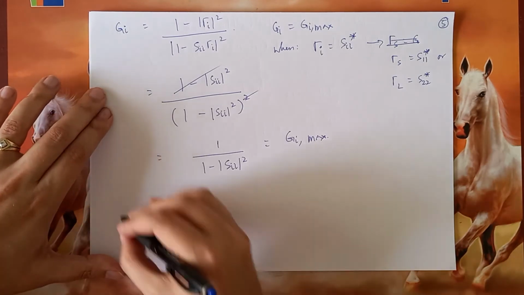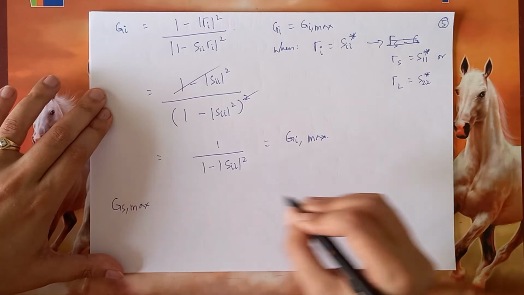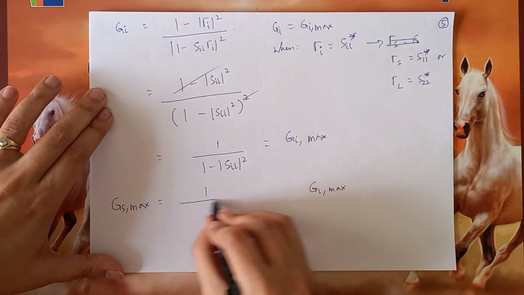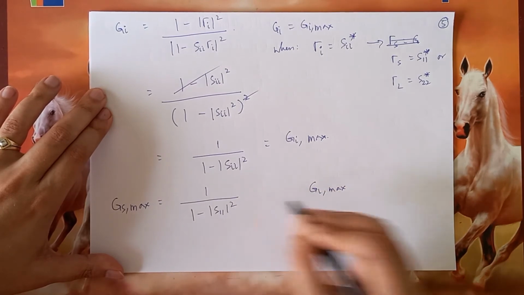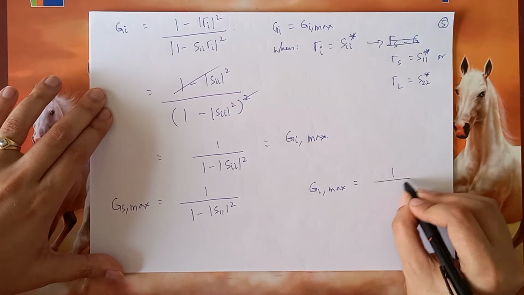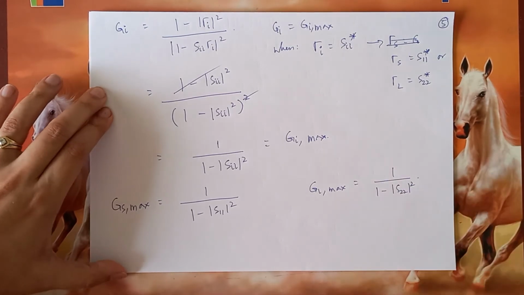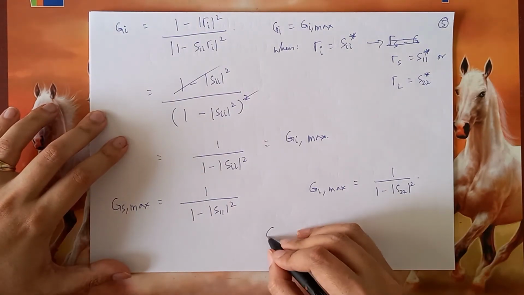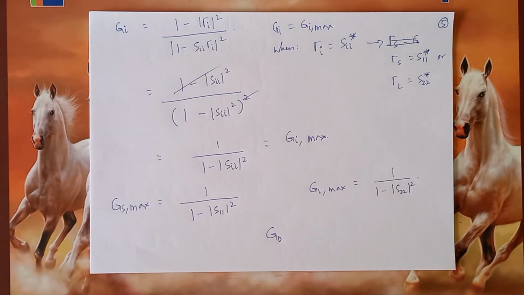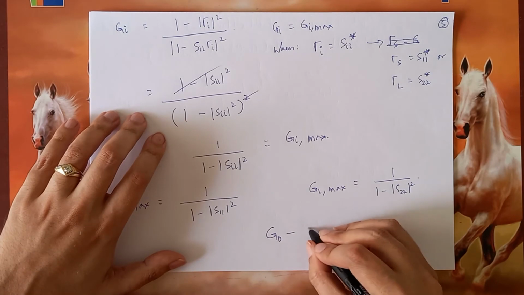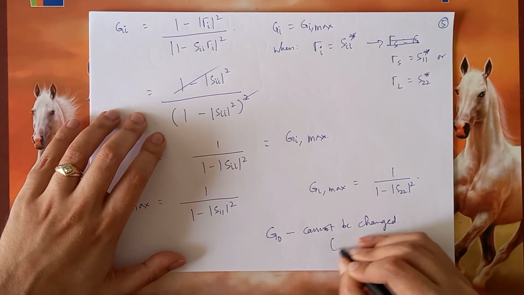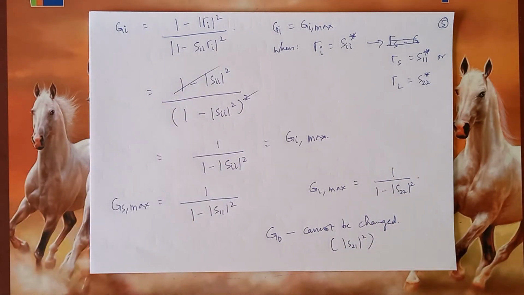So therefore, if I want to write GS max and GL max, all I need to do is substitute it with the proper S parameter. So GS max will be 1 minus mod of S11 square, and GL max will be 1 by 1 minus mod of S22 square. Now, in the transducer gain equation, there was this term called G0, which is the intrinsic gain of the MMIC. This one cannot be changed, as it is mod of S21 square.